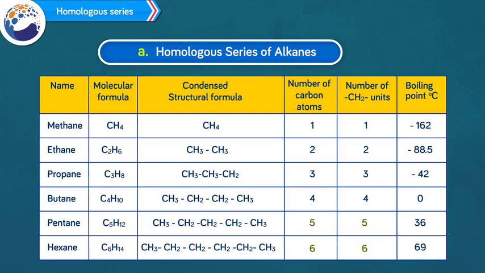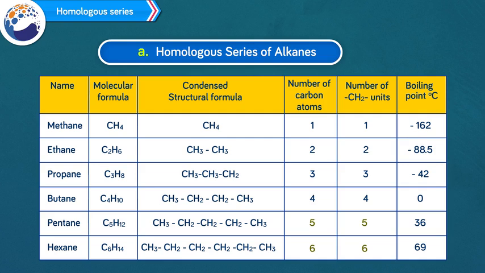Number of carbon atoms 2, number of CH2 units 2. Boiling point is minus 88.5. Propane, molecular formula C3H8, structural formula CH3CH2CH3. Number of carbon atoms 3, number of CH2 units 3, boiling point is minus 42.